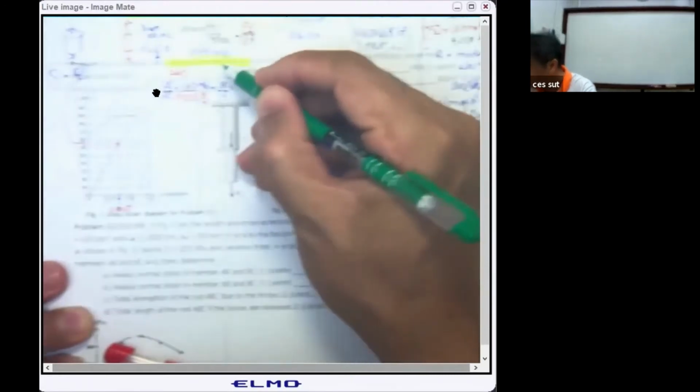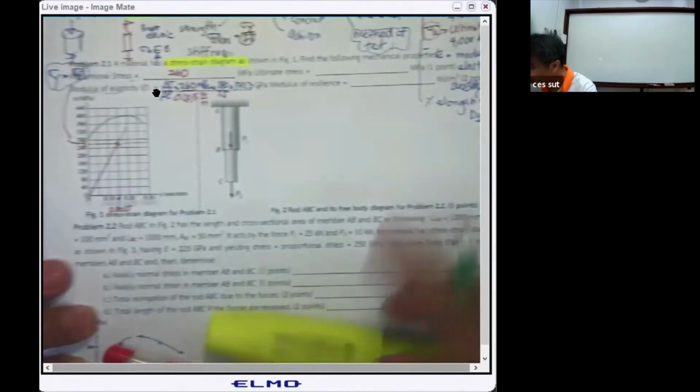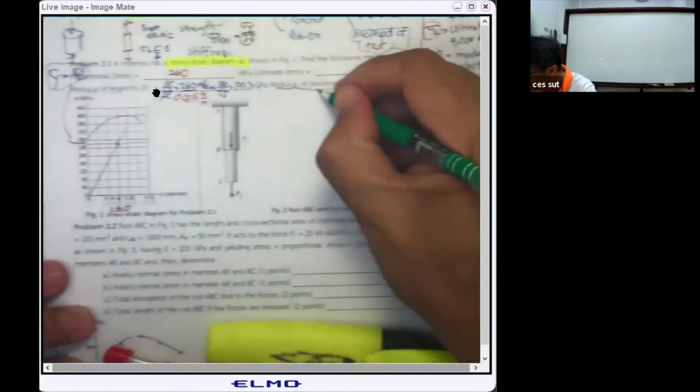The unit is going to be in gigapascal because this is 1,000, and then the inverse is going to multiply by 10 power 6 by 10 power 3. It's going to change to 10 power 9, and then you get the value of 173.3 gigapascal.